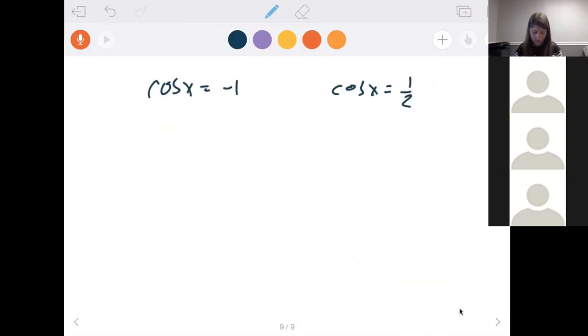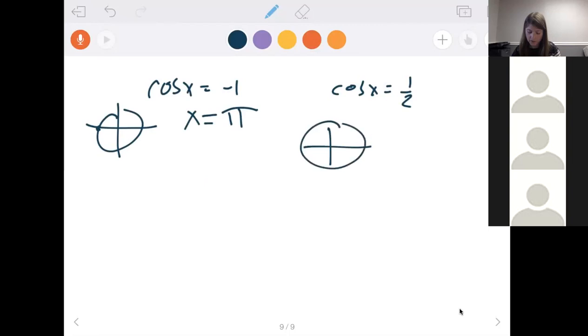And then let's think about unit circle on this guy. We want our x value to be negative 1, so it looks like we are at pi. Any others? Not really here. And then if we think about unit circle, we should be looking in quadrants 1 and 2.